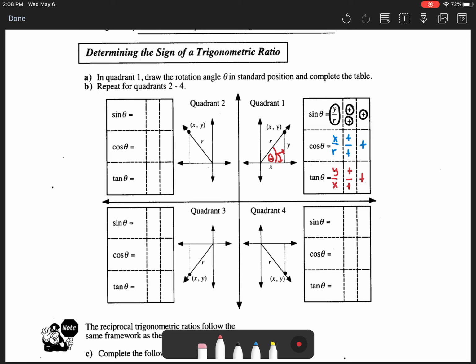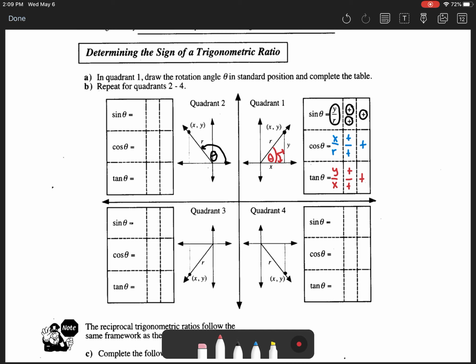Moving on to quadrant 2. Now this is where it gets a little trickier. In quadrant 2, here would be the rotation angle from there to there. But as I mentioned at the beginning of the lesson, this is the angle theta that they're talking about. Sine, cosine, and tangent are applicable to right angle triangles.